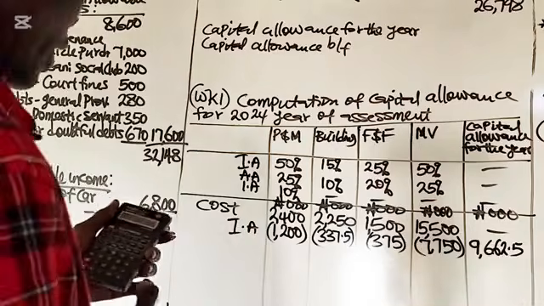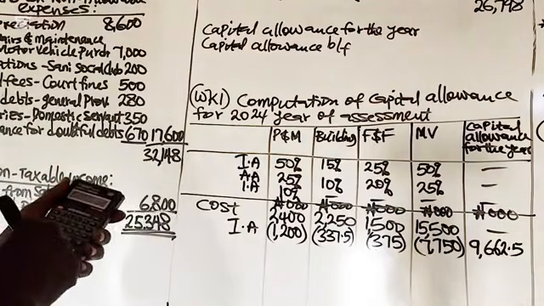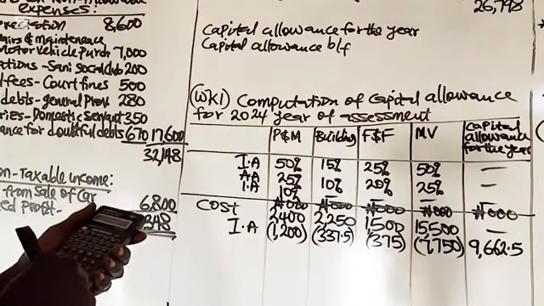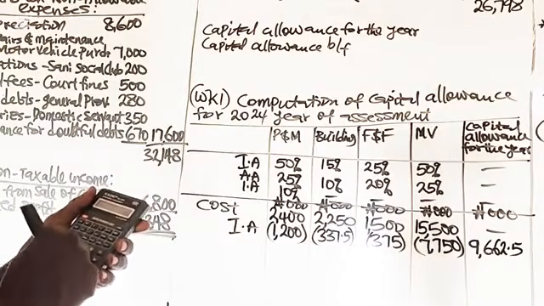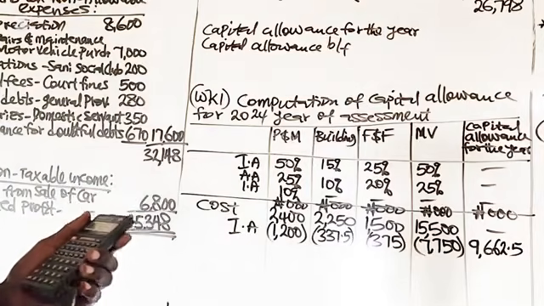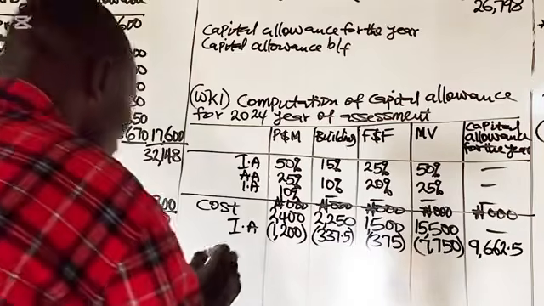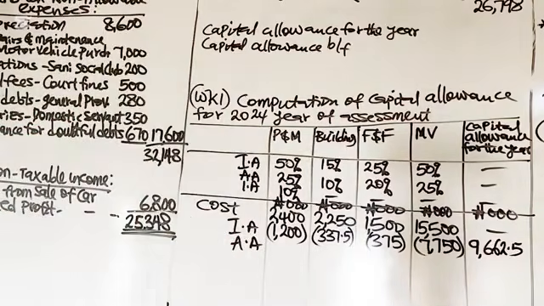Let me reconfirm the cost. 1,200 plus 337.5 plus 375 plus 7,750 gives us 9,662.5. The annual allowance is usually calculated on the residue of qualifying capital expenditure after deducting the initial allowance.